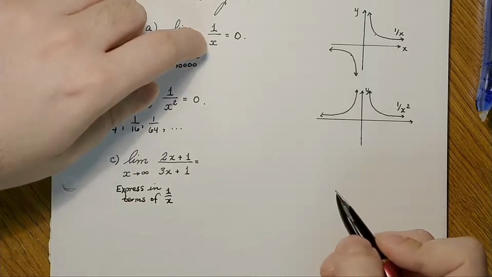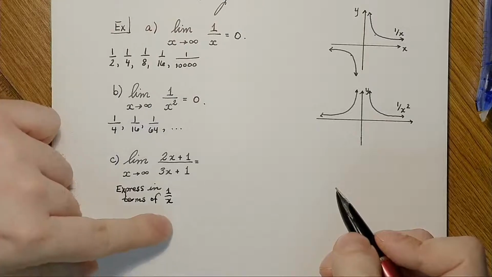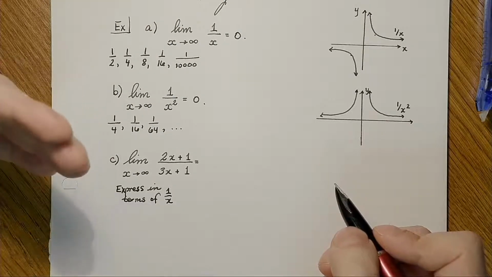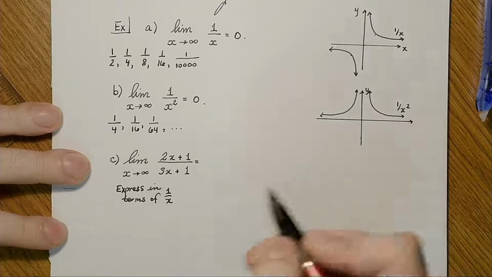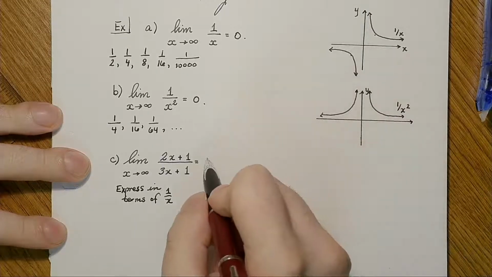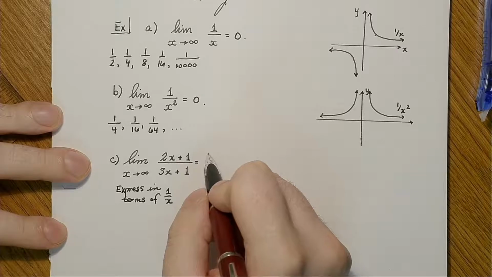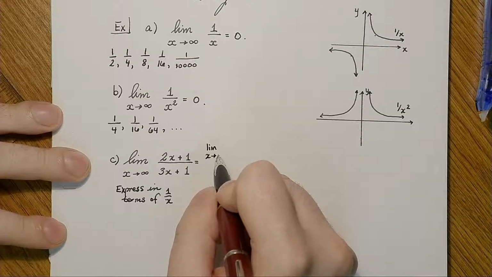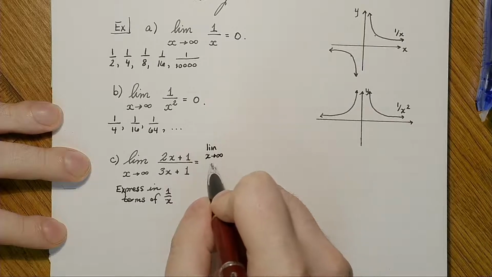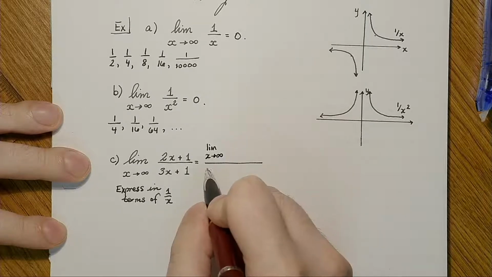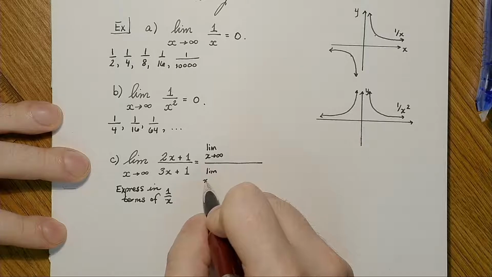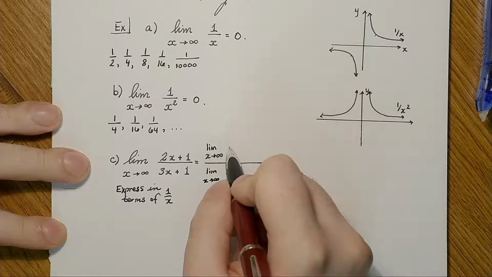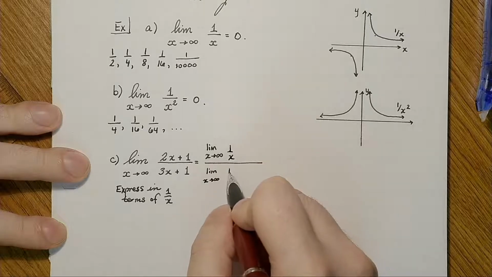Because I already know what that limit is: if I can somehow get it to 1 over x, then I know it goes to 0, and those terms cancel out. So, applying the limit as x goes to infinity on top and bottom. And the other thing is I'm going to multiply by 1 over x on top and 1 over x on the bottom.